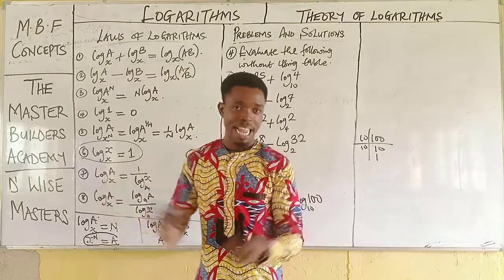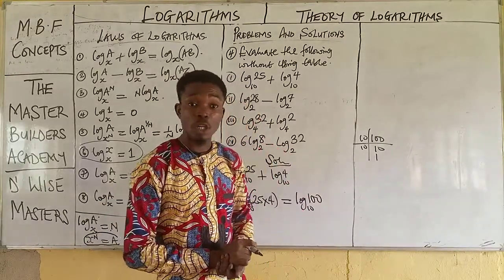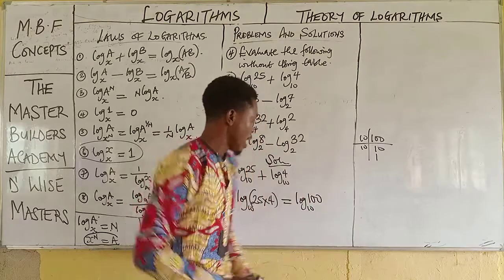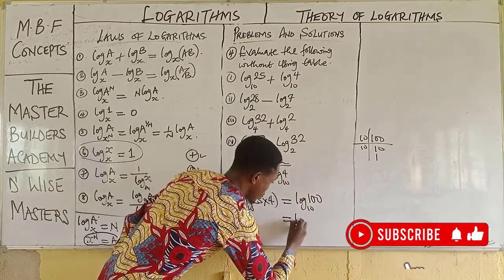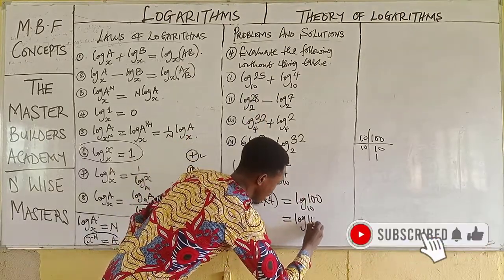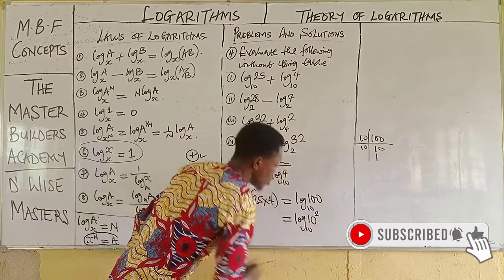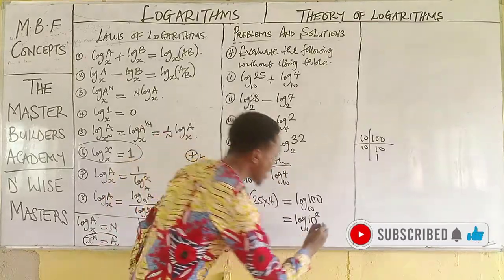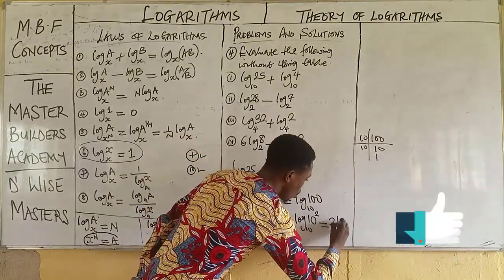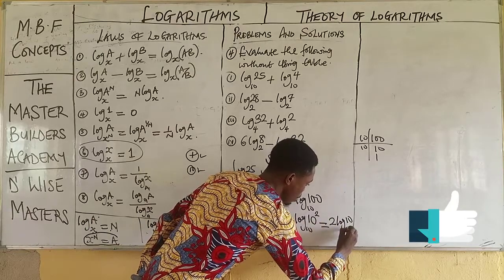And 10 times 10 is the same thing as 10 raised to the power of 2. Hence, we will have log of 10 raised to the power of 2 base 10. Automatically, this gives us 2 log 10 base 10.